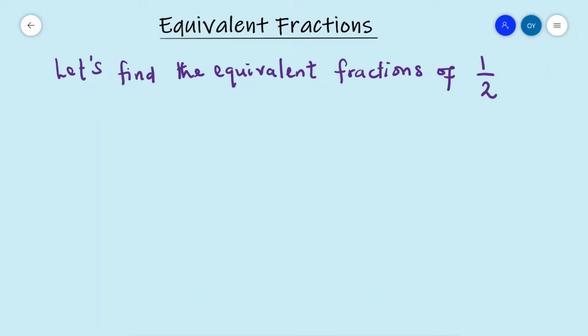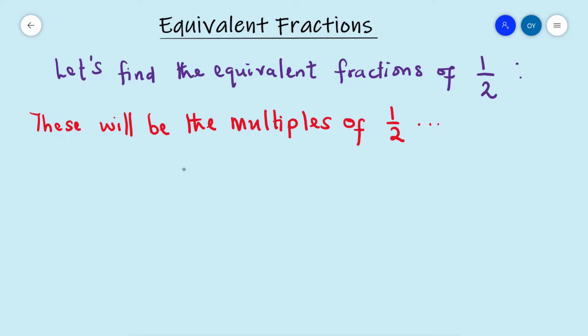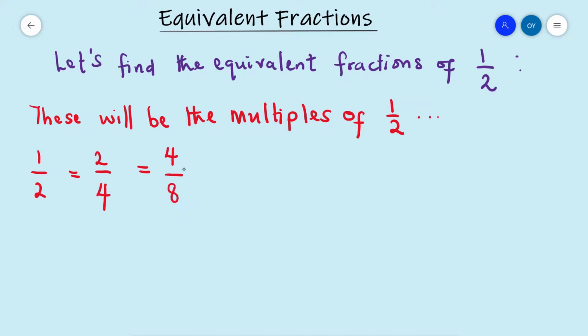Now let's find the equivalent fractions of 1 over 2. This is just simply the multiples of 1 over 2, the multiples of half. Here we have 1 over 2 equals 2 over 4. What we have simply done is to multiply the top and the bottom by 2.